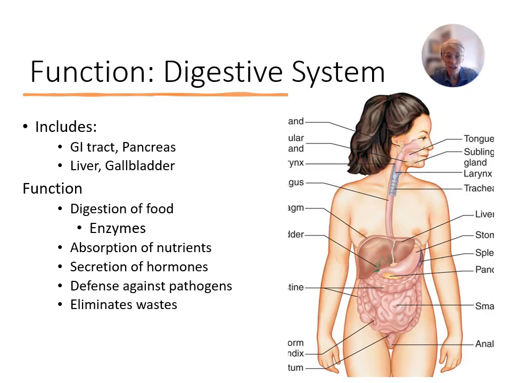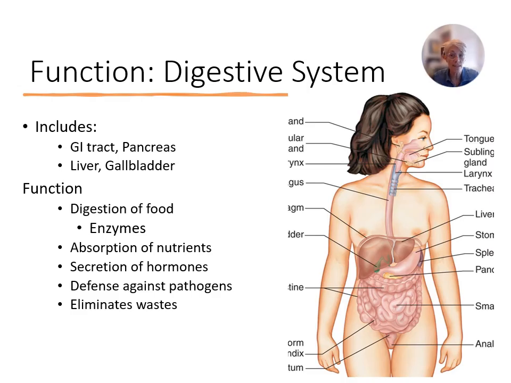We're going to have some terms that you need to know, and this is going to be one of them. These movements are controlled by hormones and the autonomic nervous system, ANS. So that's really the system that helps to move things along within this digestive system.